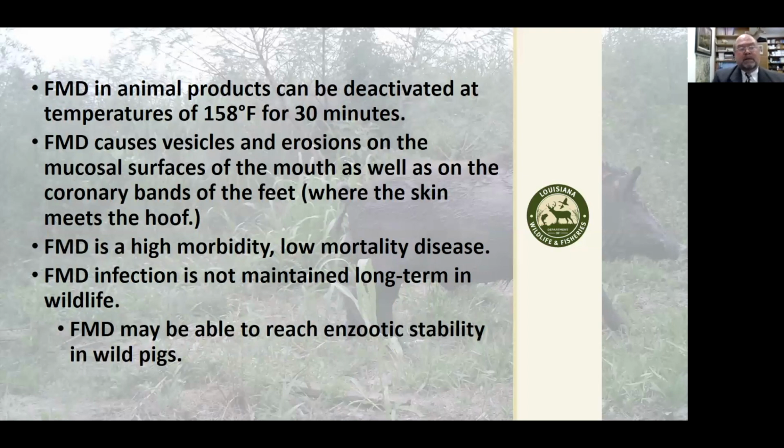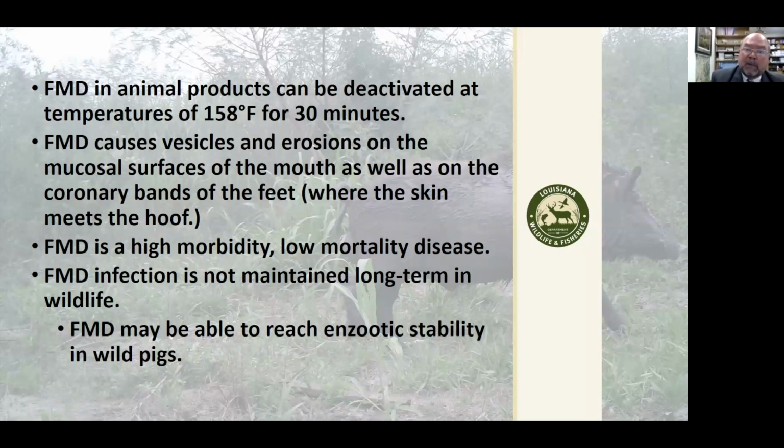So the virus is deactivated by cooking at temperatures of 158 degrees Fahrenheit for 30 minutes. This disease actually causes vesicles. It's a vesicular disease, they call it. It causes ulcers and blisters in the mucous membranes of the mouth, the tongue, on the coronary bands.